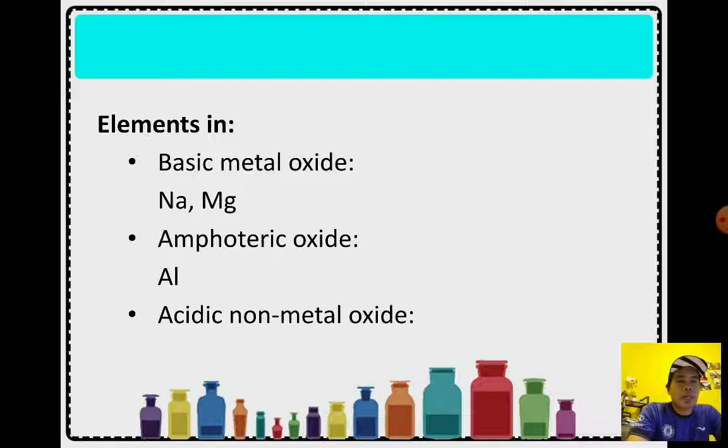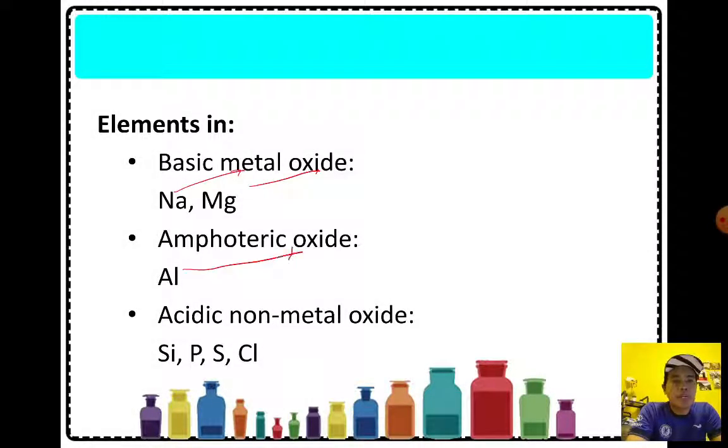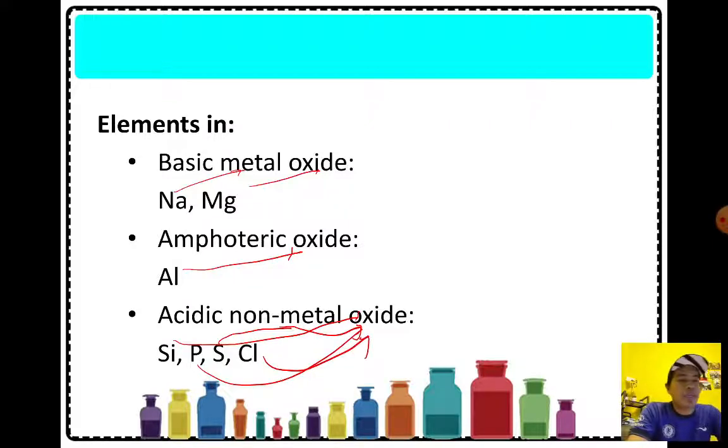Okay, so kalau metal oxide, natrium oxide, magnesium oxide, aluminium oxide, silicon oxide, phosphorus oxide, sulfur dioxide, chlorine oxide.